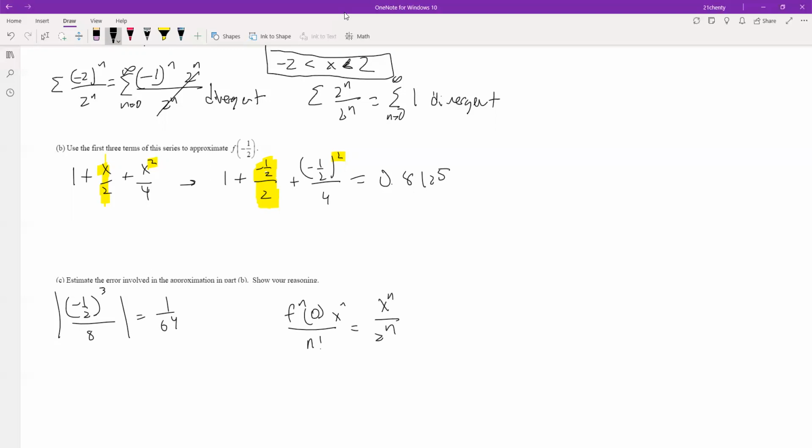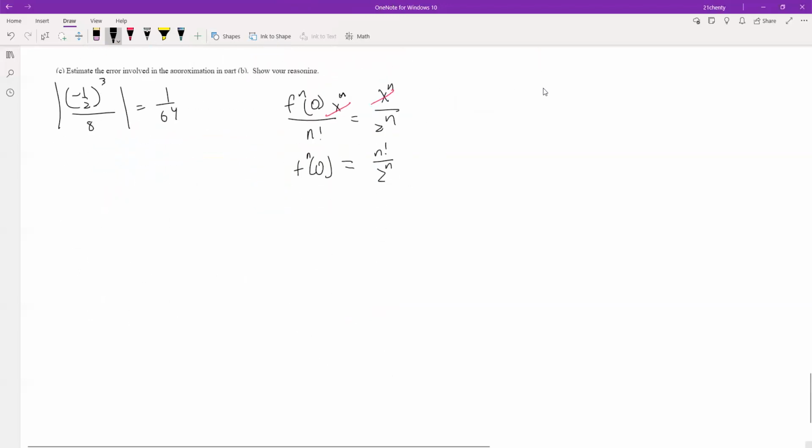And so we can cancel this with this, and we'll multiply by n factorial on both sides, and we're left with the nth derivative of f at 0 equals n factorial over 2 to the n, which means, since n equals 3 now, because we went up to n equals 2, if we plug in that, we get 3 factorial, or 6 over 2 cubed, or 8, so 6/8, or 3/4.